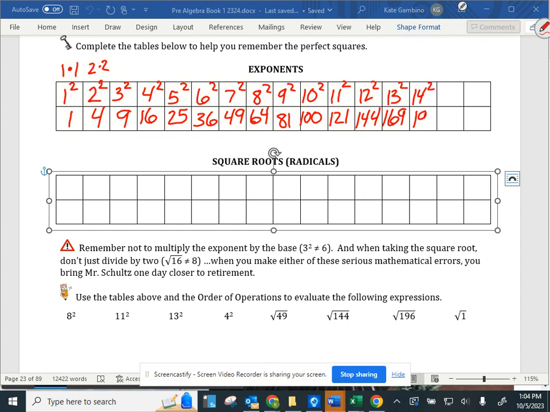That's impressive. I had to look down and think about that one. 15 squared. 225. And 16 squared.